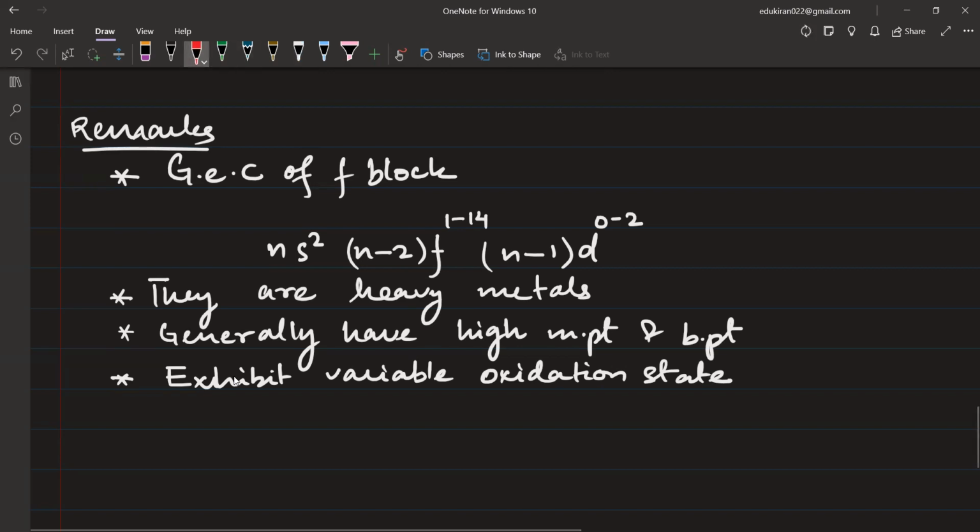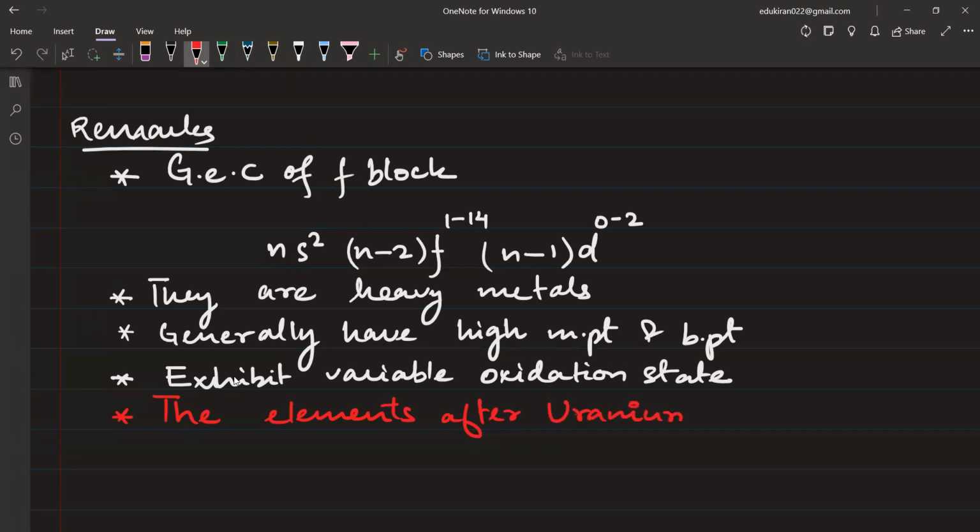Last point is important. Sometimes they ask you for 1 mark. Please write this. The elements after uranium are called trans-uranium elements. Okay, it is an easy question. People generally miss it.